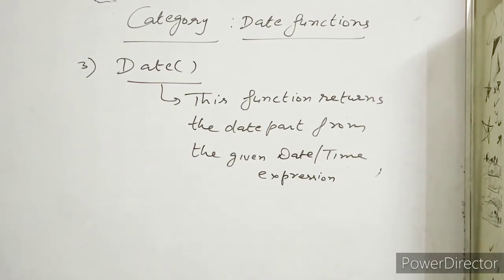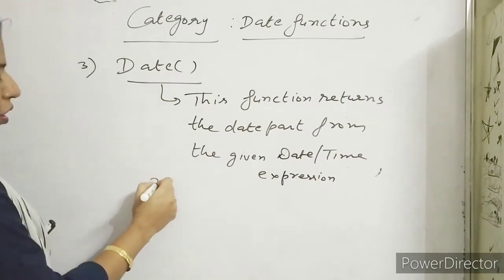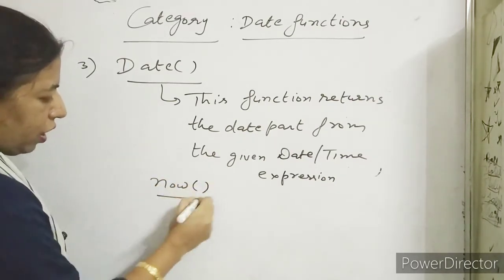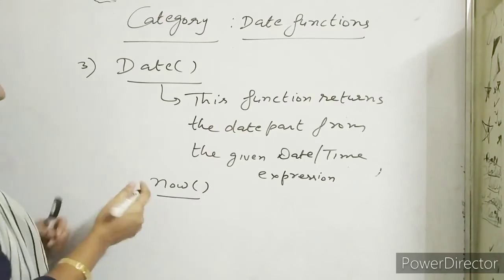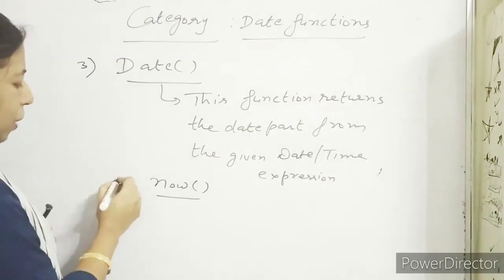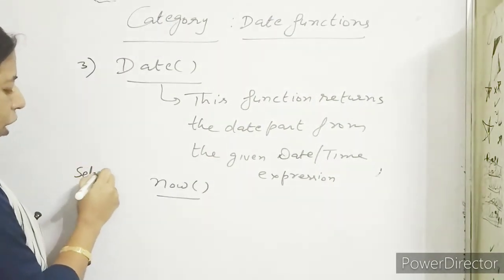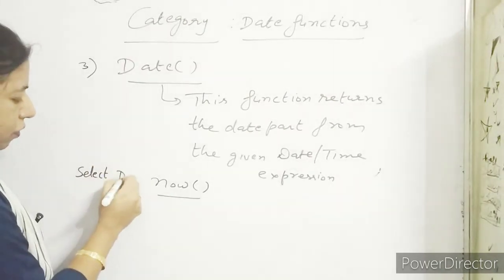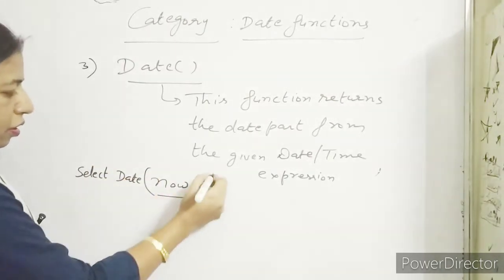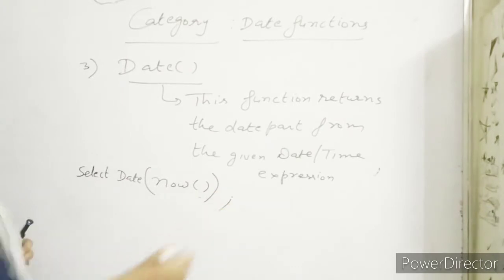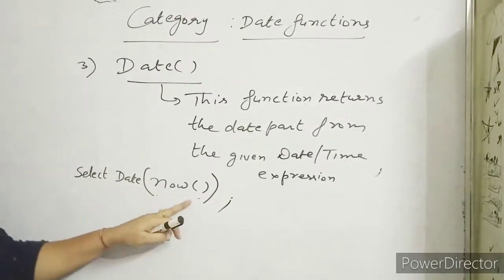How will I use this date function? Suppose, you all know, now will give date and time. I want to extract the date part from now. You can use now inside date. Select date now.